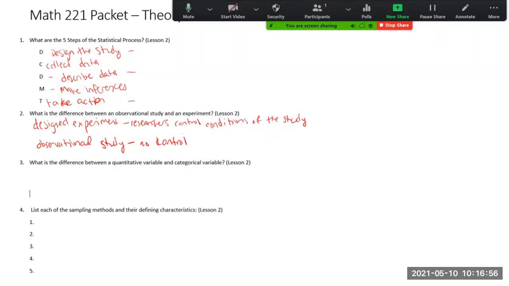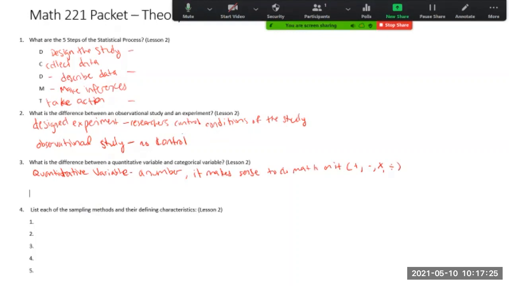Number 3, what's the difference between a quantitative variable and a categorical variable? So a quantitative variable is one where it's a number, and it makes sense to do math on it, like adding, subtracting, multiplying, and dividing.